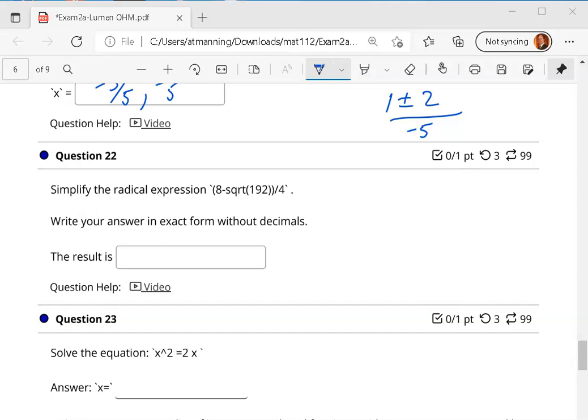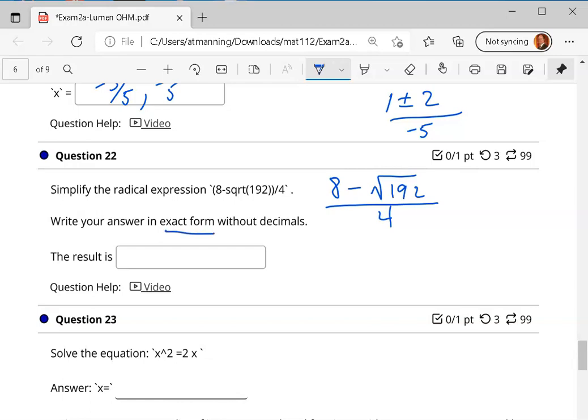Now this one, again, came out funky, but what we're saying is 8 minus the square root of 192, the whole thing, divided by 4. No decimals, we're doing exact form.